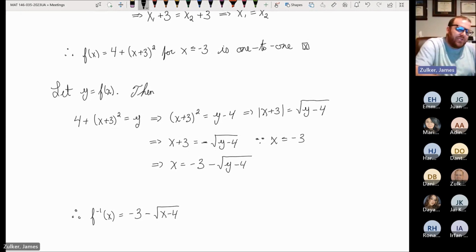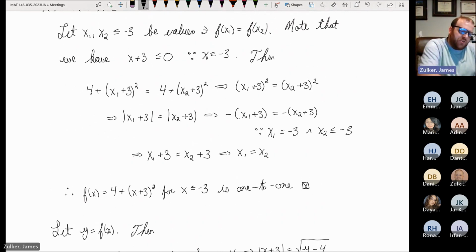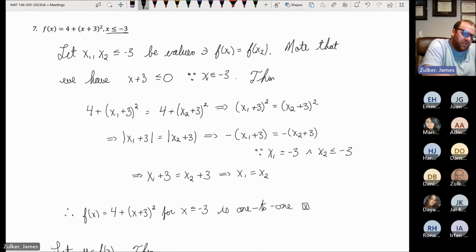So the determining factor is, if you assume that f of x1 equals f of x2, then x1 has to equal x2, right? So the fact that this was 1-to-1 was because of the condition. Otherwise, like above, right here, we have something like this.